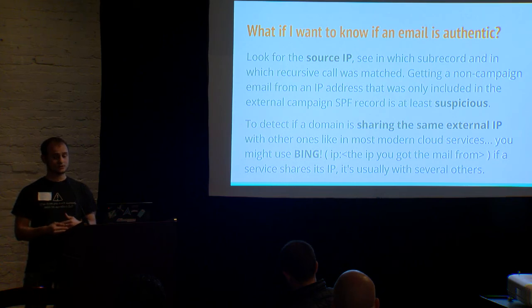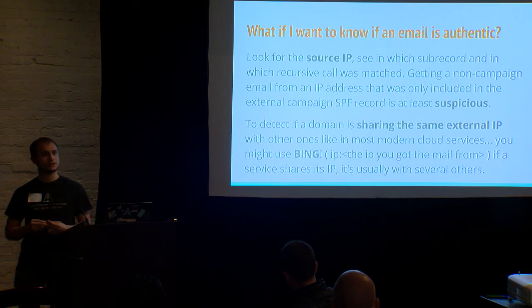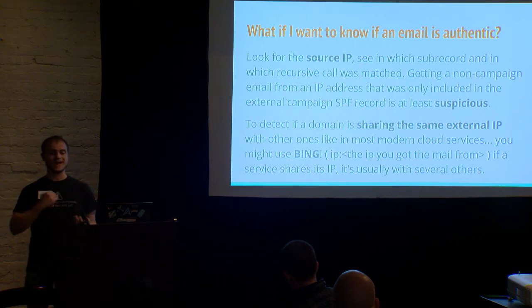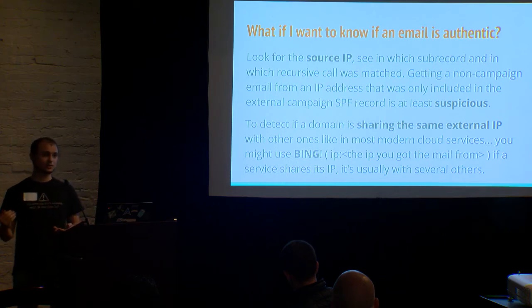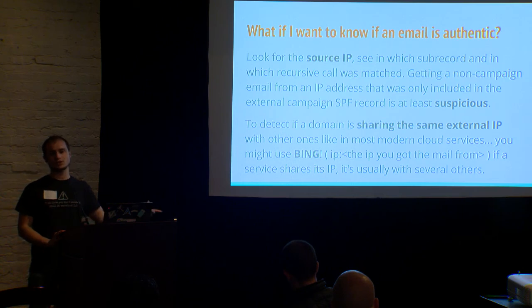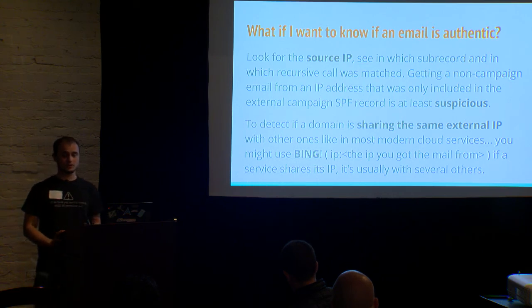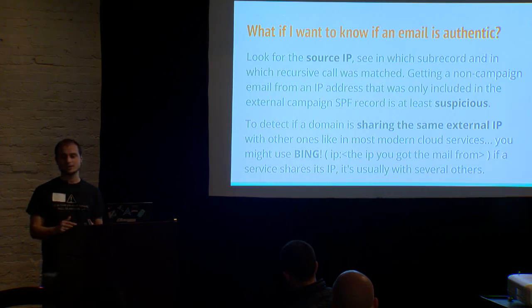Look at the IP address, and if the IP was included by accident, for example, you receive an email from admin at domain.com, but the outgoing IP address is included because the MailChimp SPF record was included, that's likely to be a scam.